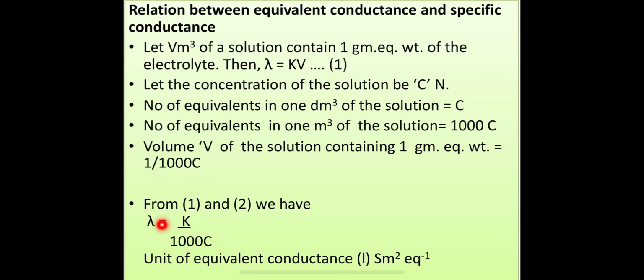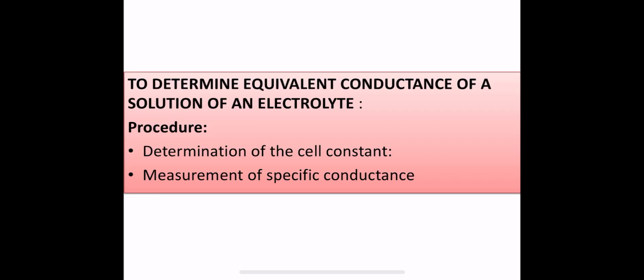This is the equation: lambda equals K divided by 1000 C. Here lambda is called the equivalent conductance and K is called the specific conductance. Now in this session, let us discuss how to determine the equivalent conductance of a solution of an electrolyte.